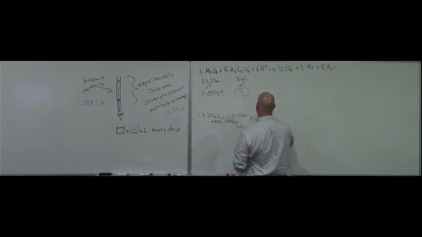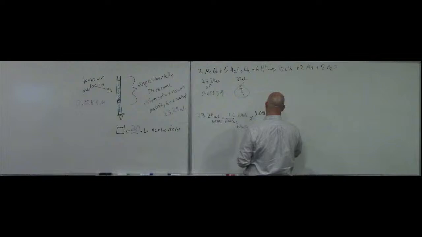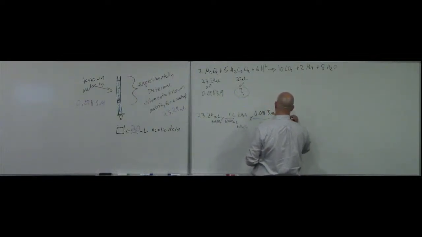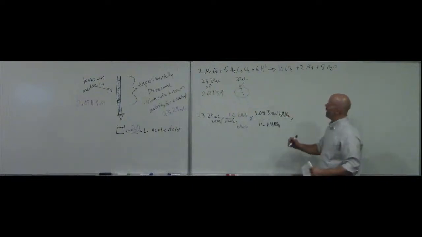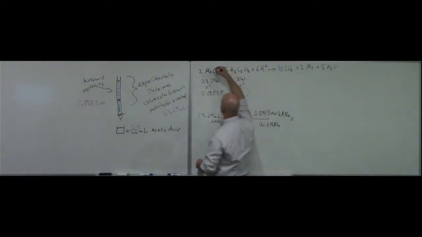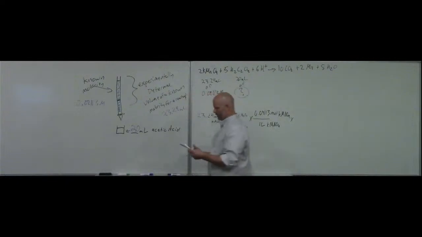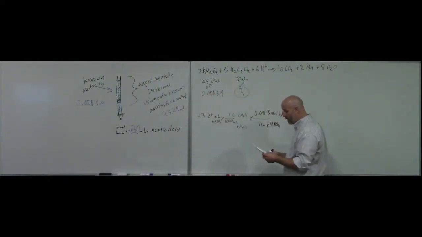So I go 0.09113 moles over 1 liter, and again this is KMnO4. Where's the K coming from? Potassium permanganate. Oh, okay. It is not potassium permanganate.